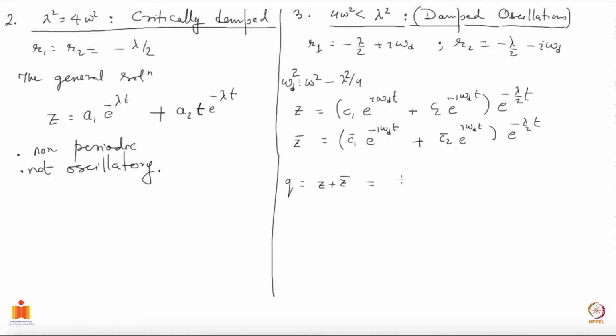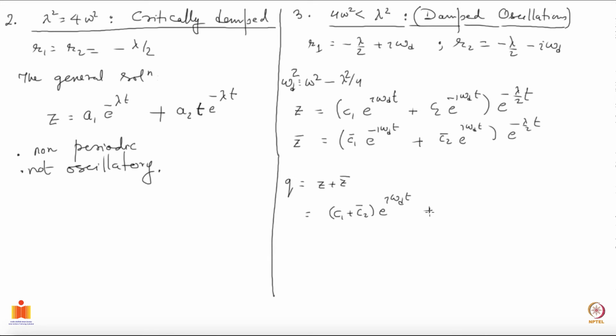Okay, so if I add these two up, I get the following. I take this piece and combine with this piece, because they both have e to the i omega d t, and I get C1 plus C2 bar, e to the i omega d t.